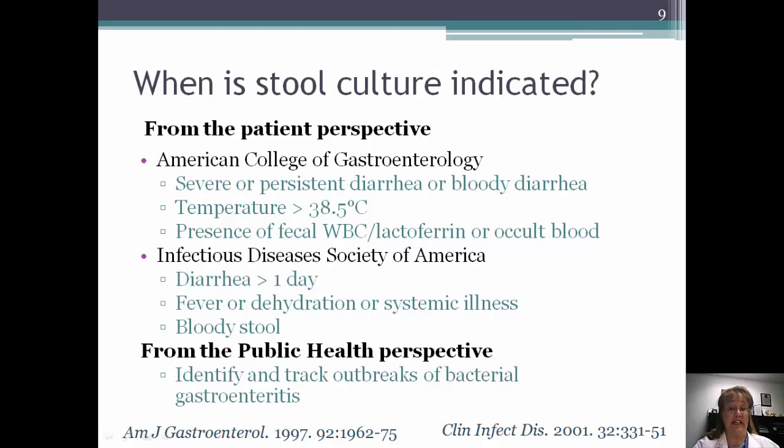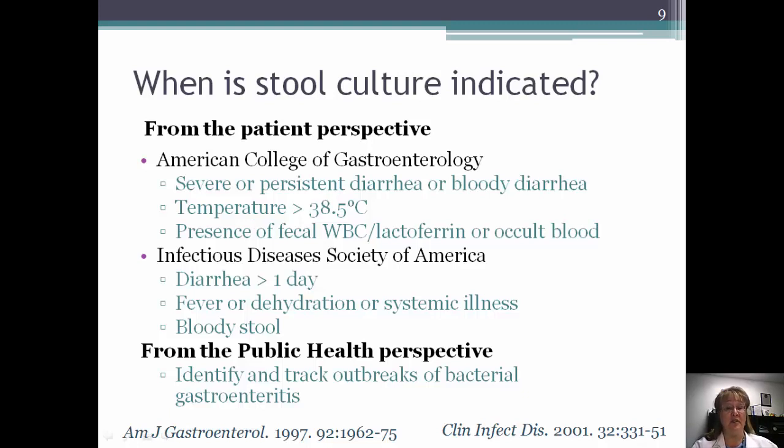So when is stool culture indicated? I mean, for pretty much everybody, it's a self-limited disease, right? And so if you look at information from the American College of Gastroenterology and the Infectious Diseases Society of America, we want to do stool culture primarily in patients with severe or prolonged diarrhea, those with evidence of invasive disease, for instance, people with fever or white cells or red cells in their stool, or people who have a complicated course.